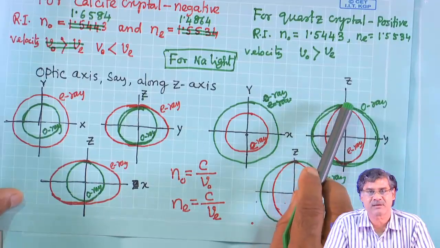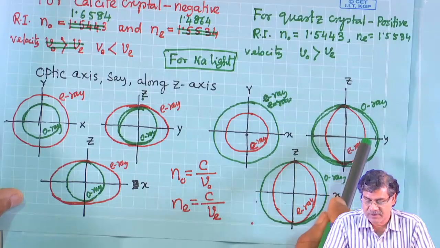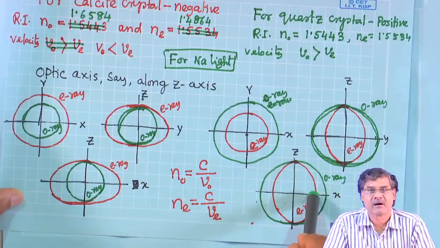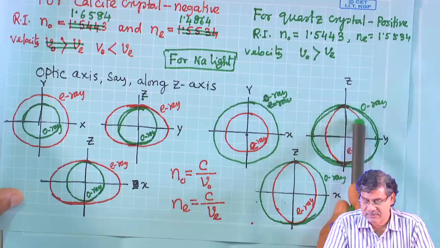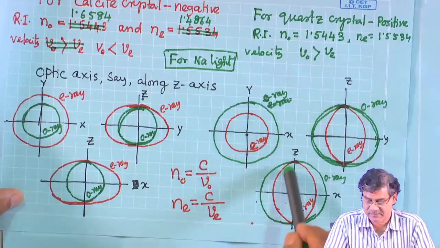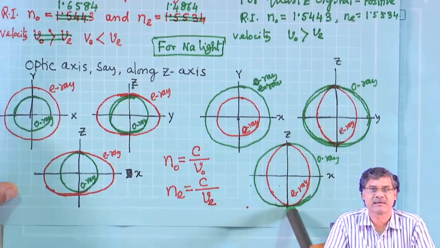So, that condition we have to fulfill. Then the velocity of E ray along the x and y direction is less than O ray. So, you will see an ellipse like this, okay. If you change x or y, it will remain the same, okay.